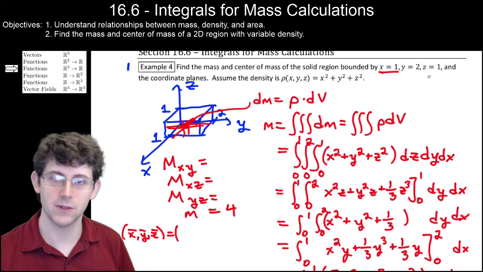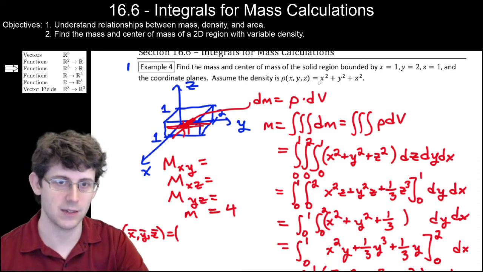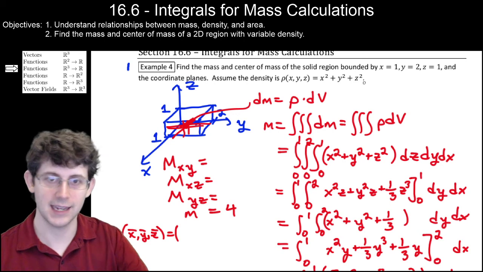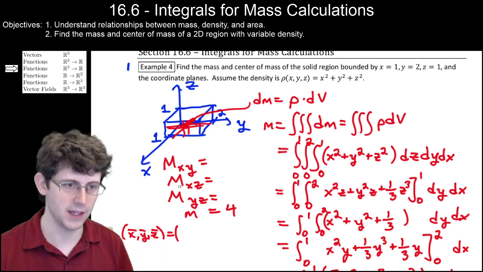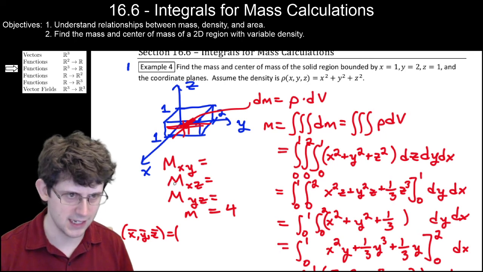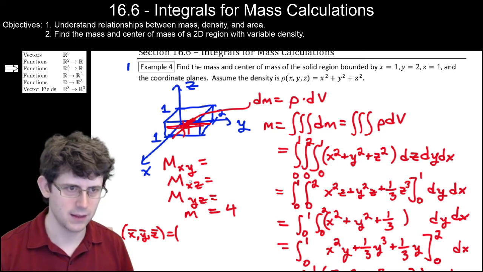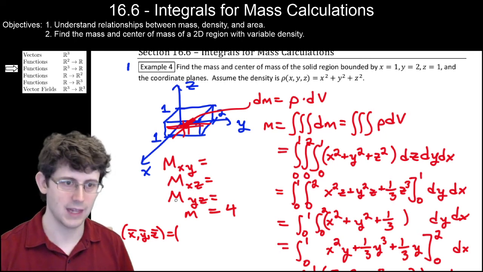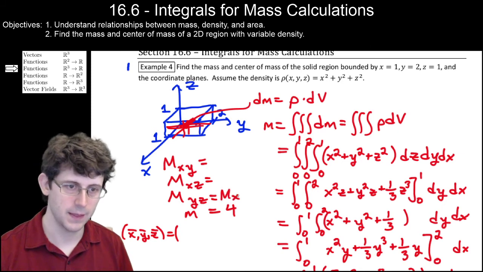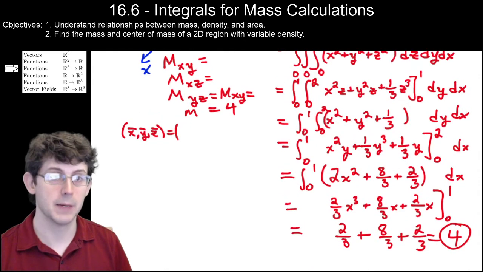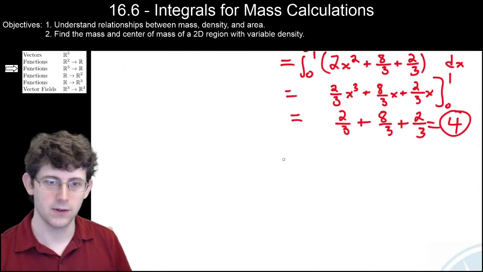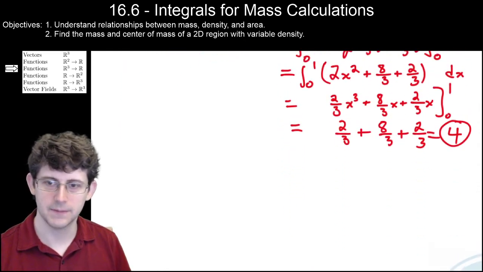Like x goes from 0 to 1, z goes from 0 to 1. X is squared, z is squared. The x's and z's appear exactly the same everywhere, so I know that the one with the z and the one with the x will be the same. So we are able to get out of a little bit of it. But let's do the other ones. So I'll do mxy.